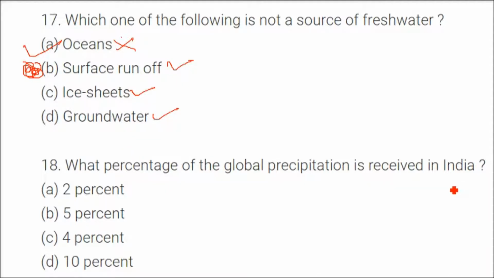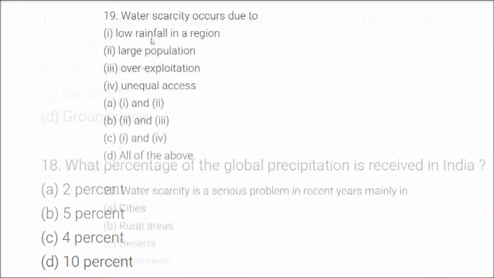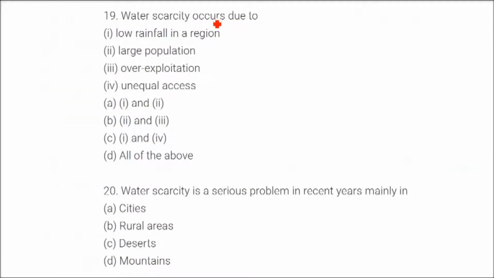What percentage of the global precipitation is received in India? The answer is 4%. Water scarcity occurs due to low rainfall in a region, yes. Large population, yes. Over exploitation, yes. Unequal access, yes. So all of the above will be the answer.